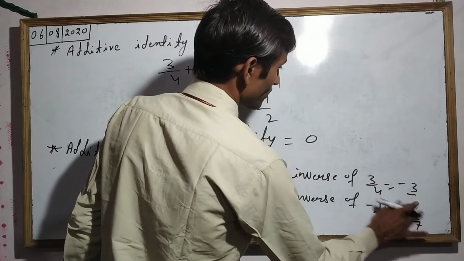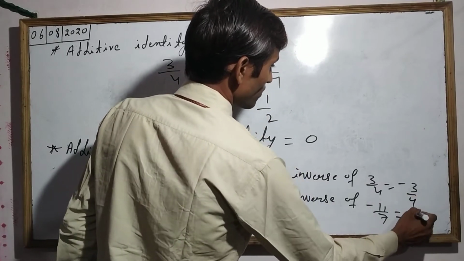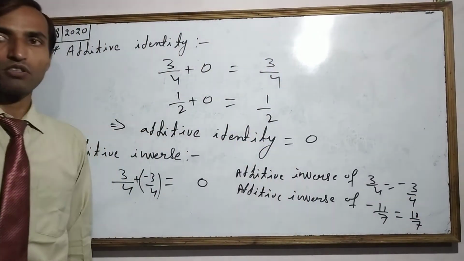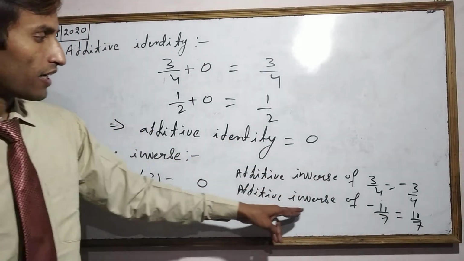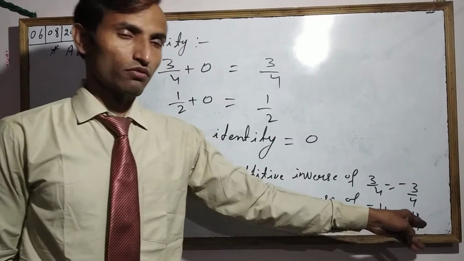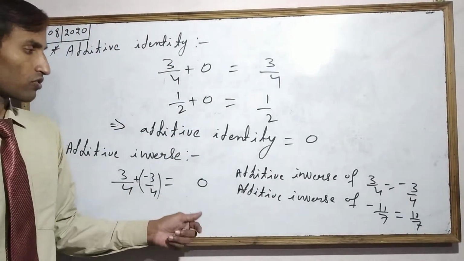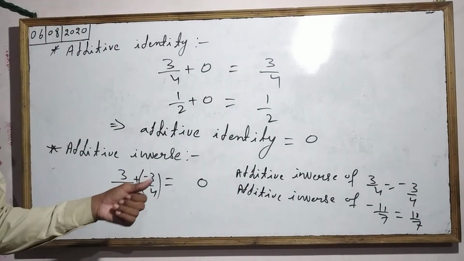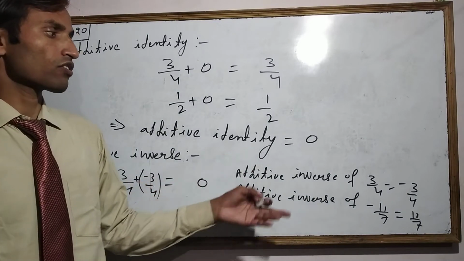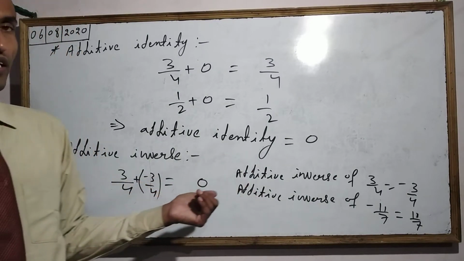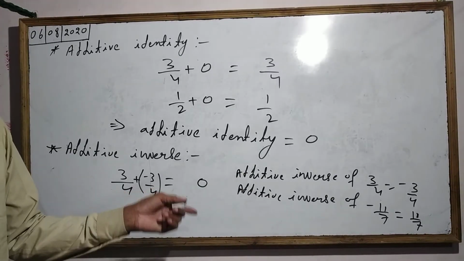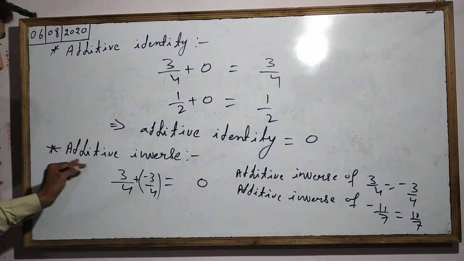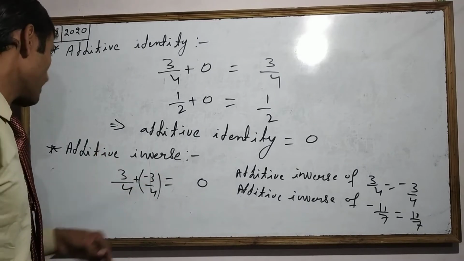Whatever rational number is given, you just change the sign of that rational number. If positive is given, the answer will be negative, with the same value. And if negative is given, the answer will be positive, with the same value. Whatever sign is given, if plus sign is given then we get minus sign, and if minus sign is given then plus sign will come. So these are the additive inverses.